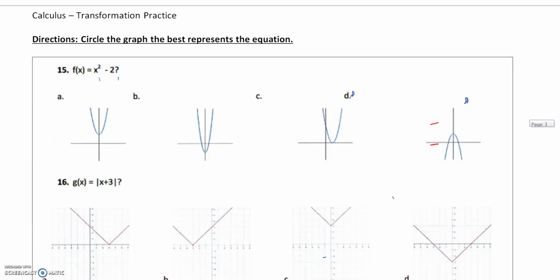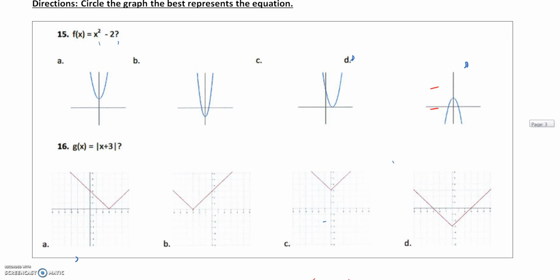Going down now to transformations. This is for number 15, this multiple choice question. We have this minus 2. So this minus 2 is going to move the function down 2.